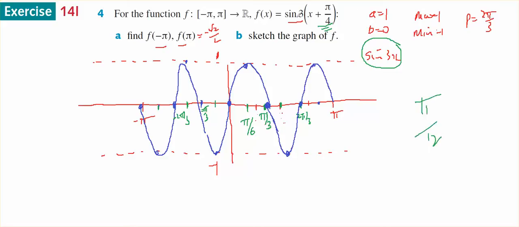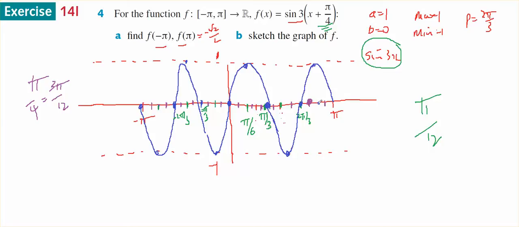To get pi on 12, I will halve each of these pi on 6s, and that will give me pi on 12. And I need to move pi on 4. Pi on 4 is equal to 3 pi on 12. So I need to move each of these points 3 points to the left.